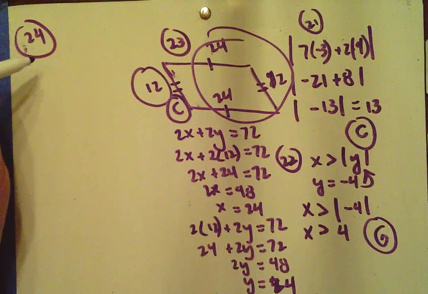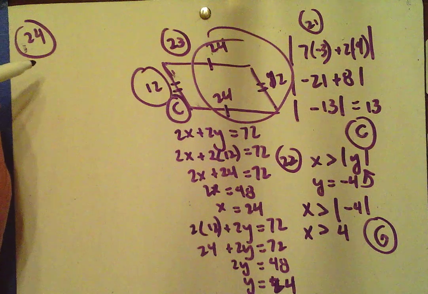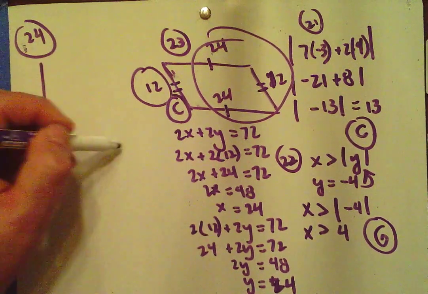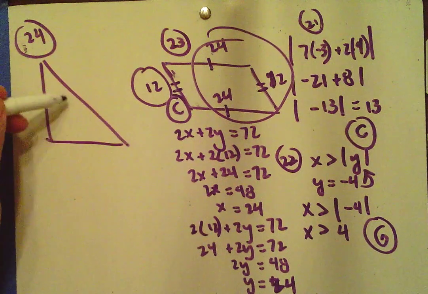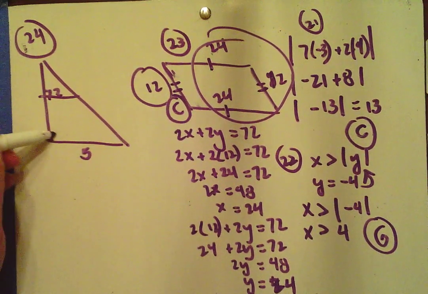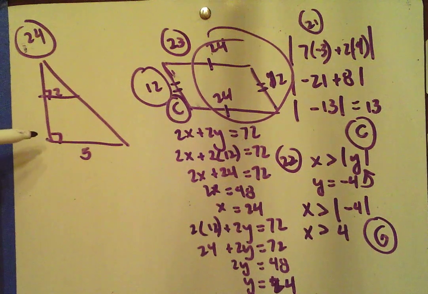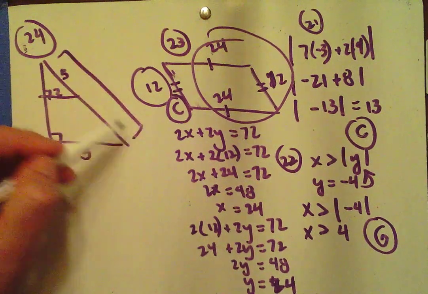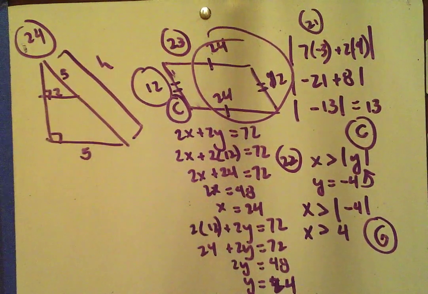24. The lengths of corresponding sides in two similar right triangles have a ratio of 2 to 5. So if this is 2, this is 5 in these similar right triangles. The hypotenuse of the smaller one is 5. What's the hypotenuse of the bigger one?